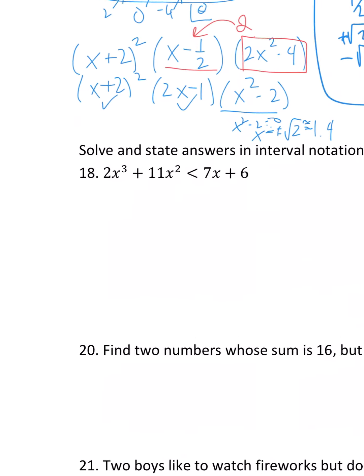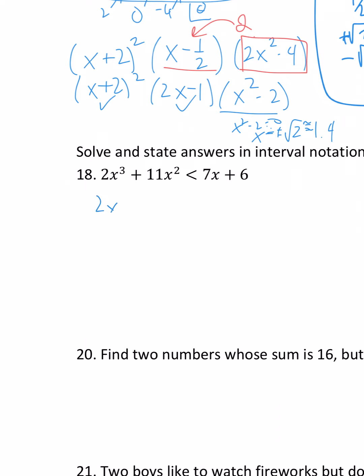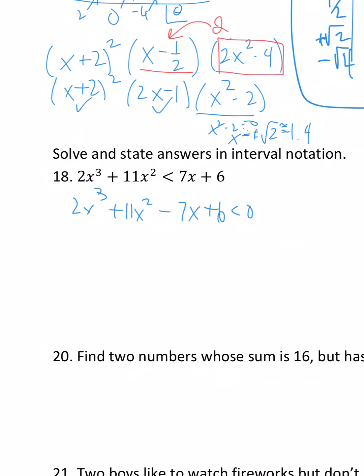All right, so again, solving a function in interval notation. It's another inequality. Again, you do have access to a calculator in this portion. Okay, so again, there is really no way to factor this, but if I put this into the y equals form of the calculator, you can see that 1 is a root.